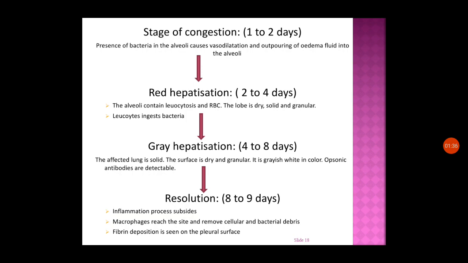Bacteria has entered, and during that time there will be vasodilatation. Vasodilatation is trying to bring more defensive cells to reach the bacteria. So there will be outpouring of edema fluid into the alveoli.